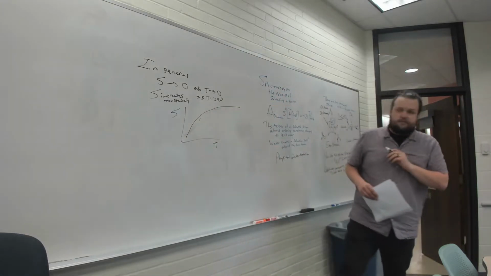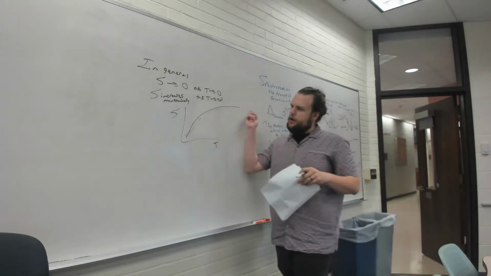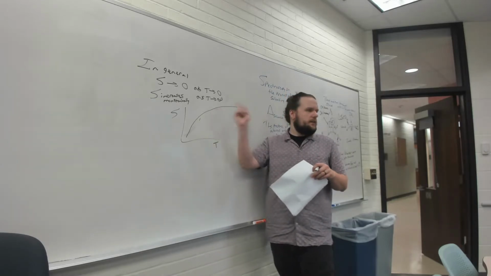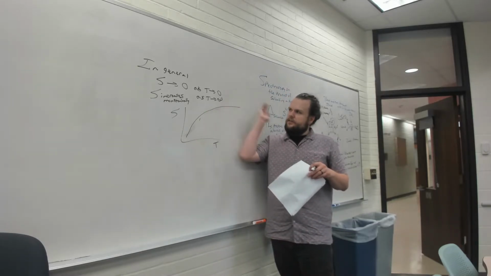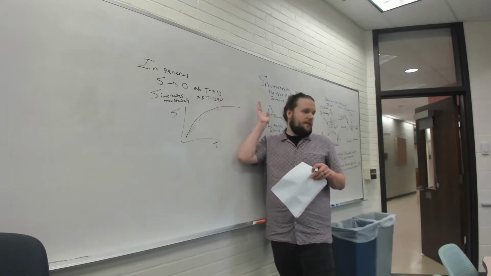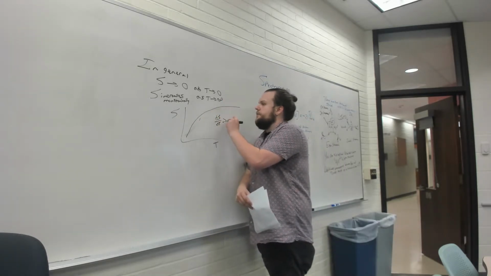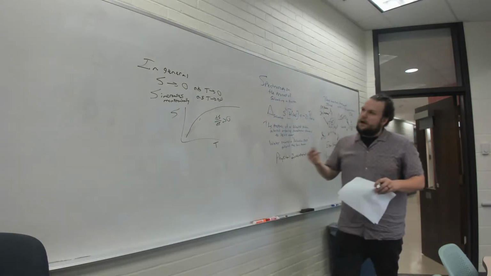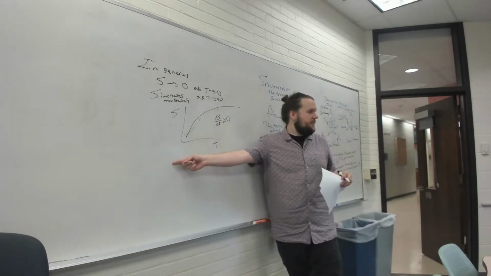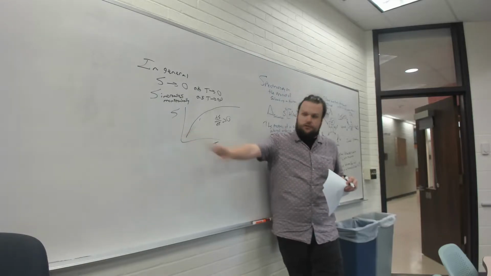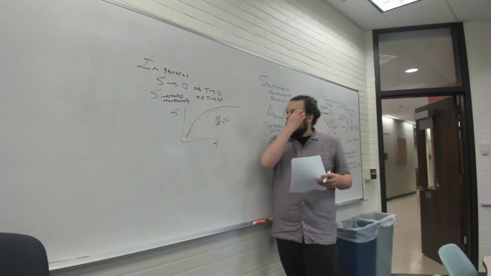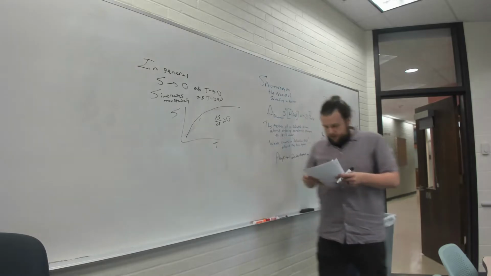That's really nice, because if it has this monotonic behavior, it's always moving in the same direction. The derivative always has the same sign: dS/dT is always greater than 0. We can always extrapolate down to T equals 0 and get a good sense of what the entropy is at low temperature, and vice versa, we can go up.